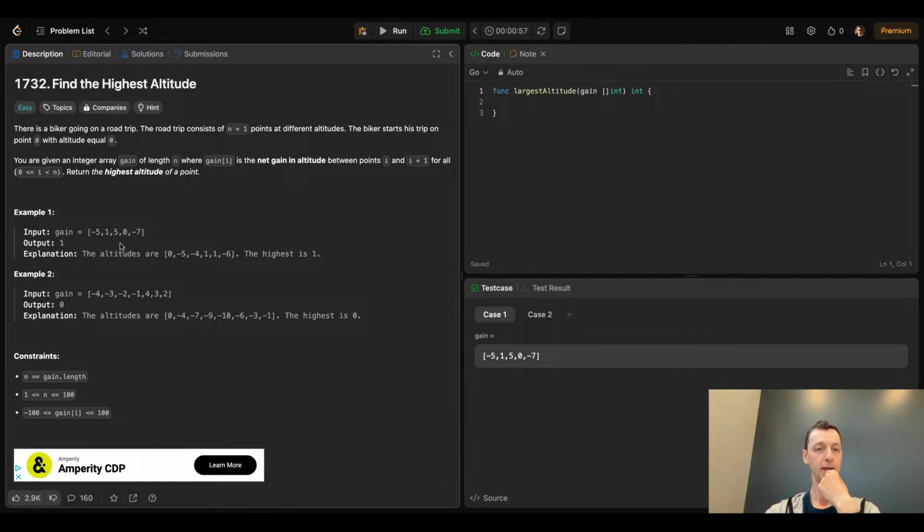Let's look at an example. I don't really clearly understand what net gain is. Okay, so at 0, altitude equals 0. We need to return the highest altitude of a point. So any point, what was the highest altitude?